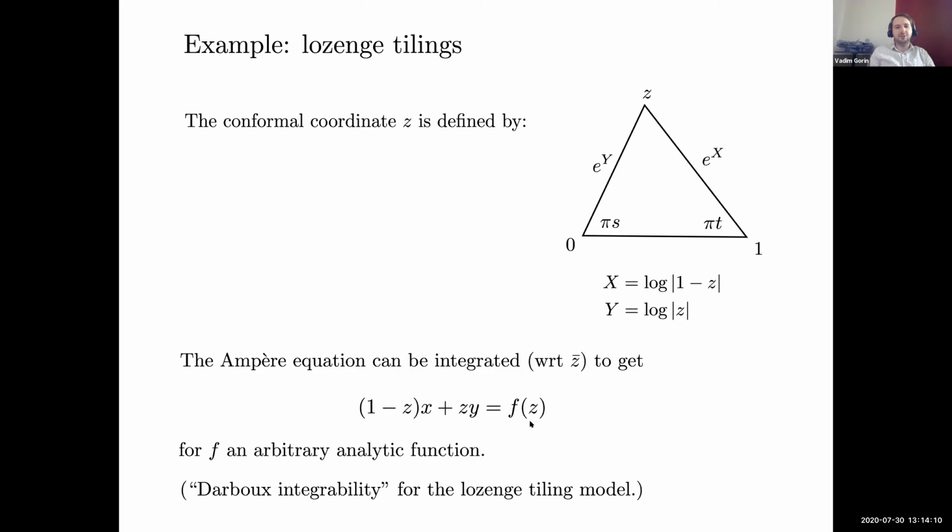Rick, I have a question. Is f here a true holomorphic function, or is it something which can be multi-valued, or something defined only locally? Yeah, that's an excellent question. Again, this is a consequence of the Euler-Lagrange equation, so you should think that everything I'm doing is a local calculation. So f just needs to be a germ of an analytic function, a locally defined analytic function.